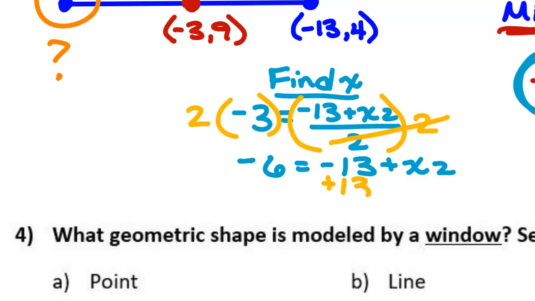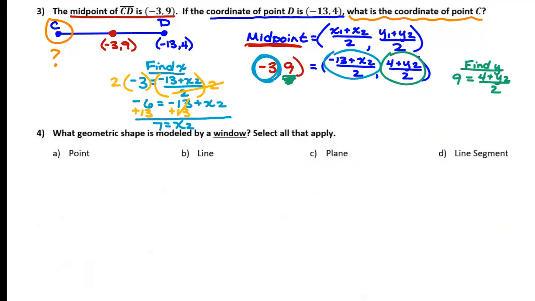Then we're going to add 13 to both sides. What is negative 6 plus 13? 7. So 7 is my x2. That means right now for my point C, 7 goes in the x spot.